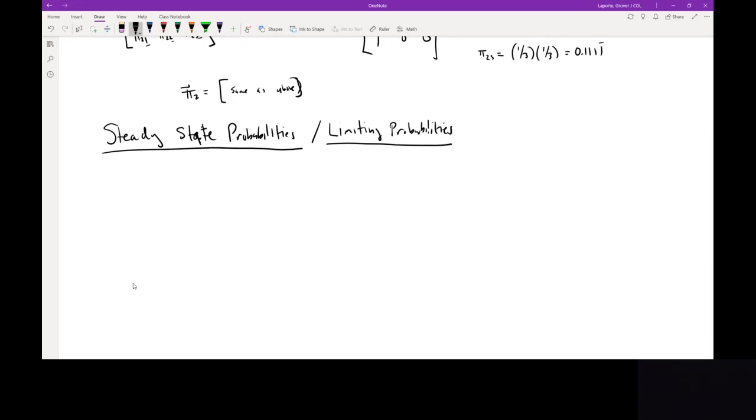Okay, so what we're talking about here is if you take the limit, maybe as n goes to infinity, of P to the n, wherever you start, doesn't really matter where you start. If I take n large enough, then I'm going to get this pi star that is a steady state probability.